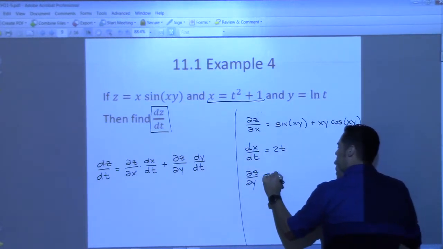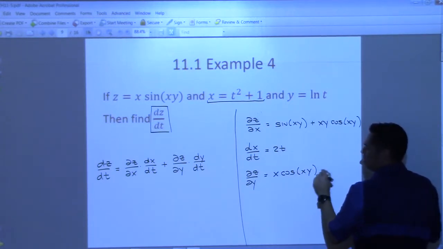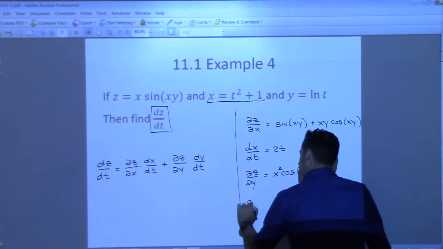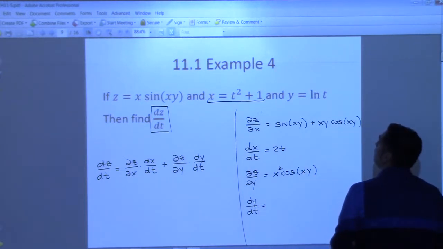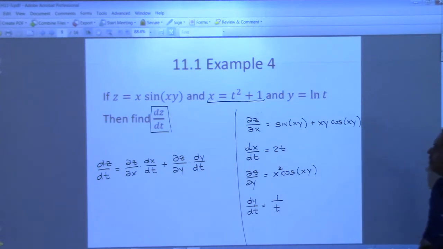That was just x cosine xy times x, right? Yeah. So I'll just put x squared out here. Then dy dt. And then that would be what? 1 over t. Yeah, 1 over t.